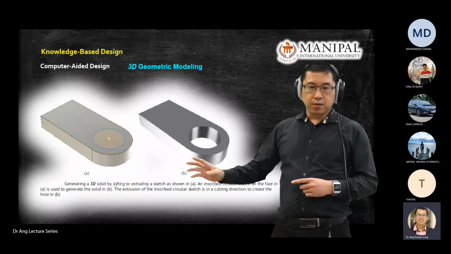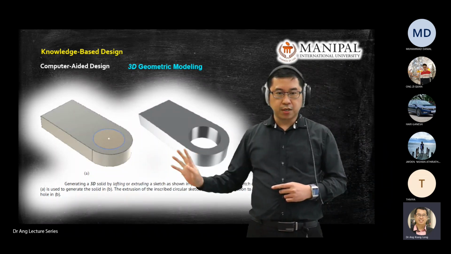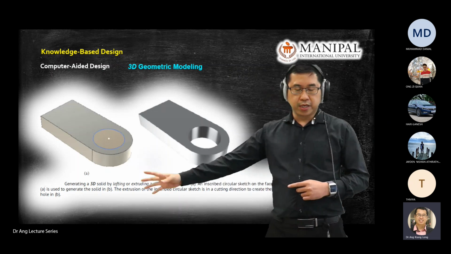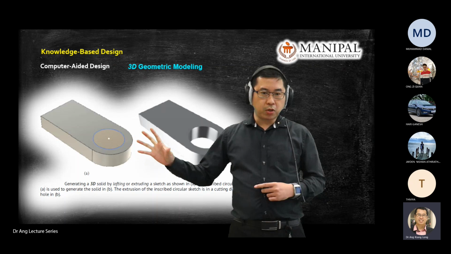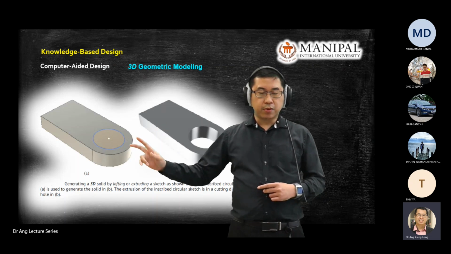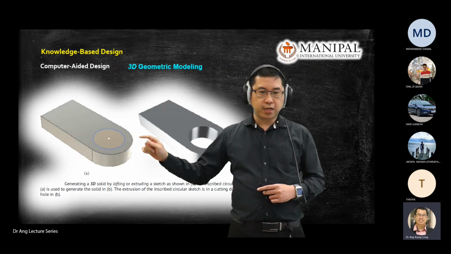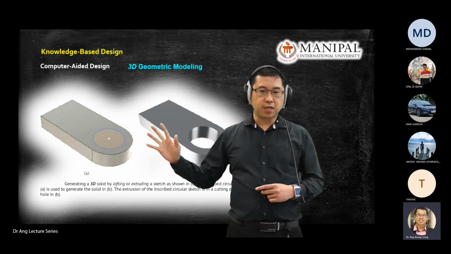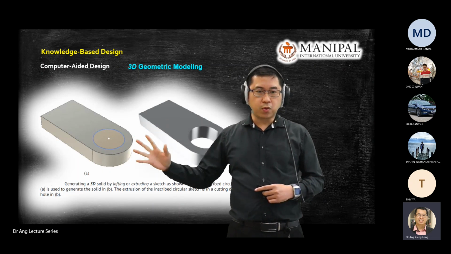Okay, I think you'll be familiar with this presentation. On the left is what you will see in the normal SolidWorks 3D model when you're done designing. This window over here will be the one you see in the SolidWorks window.